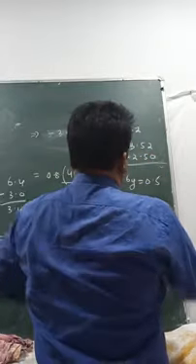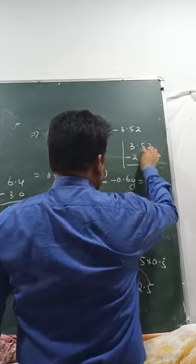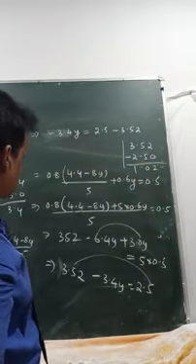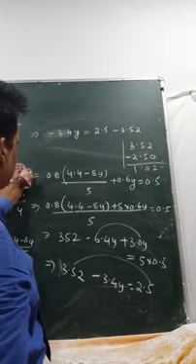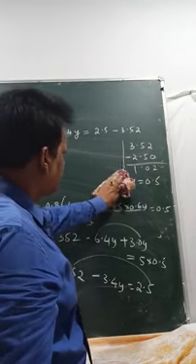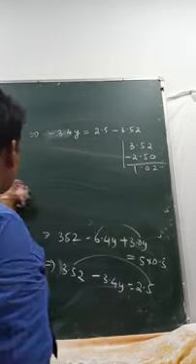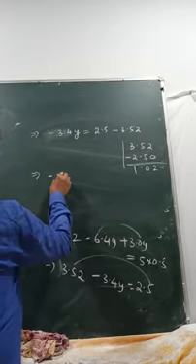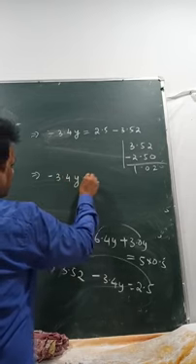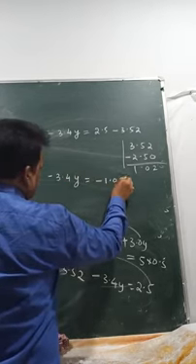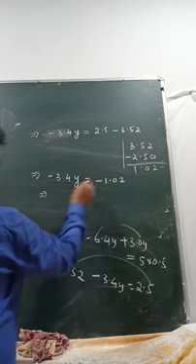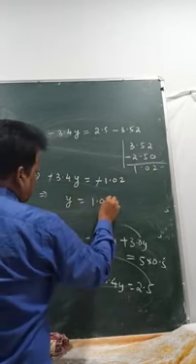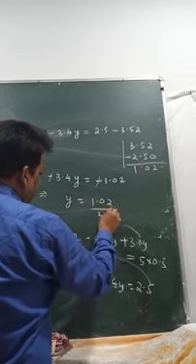This is 2, this is 0, this is 1. So how much will you get? Implies minus 3.4y equals to minus 1.02. Minus cancelled. y equals to 1.02 divided by 3.4.